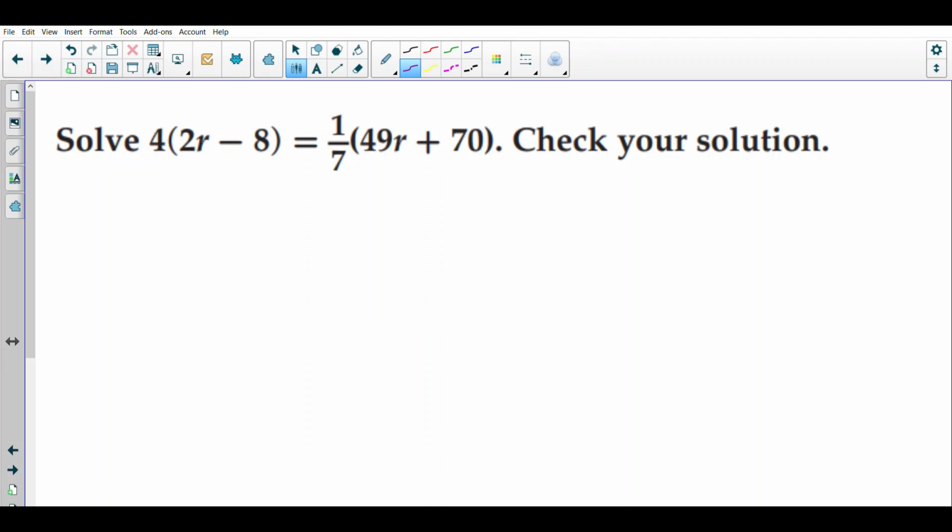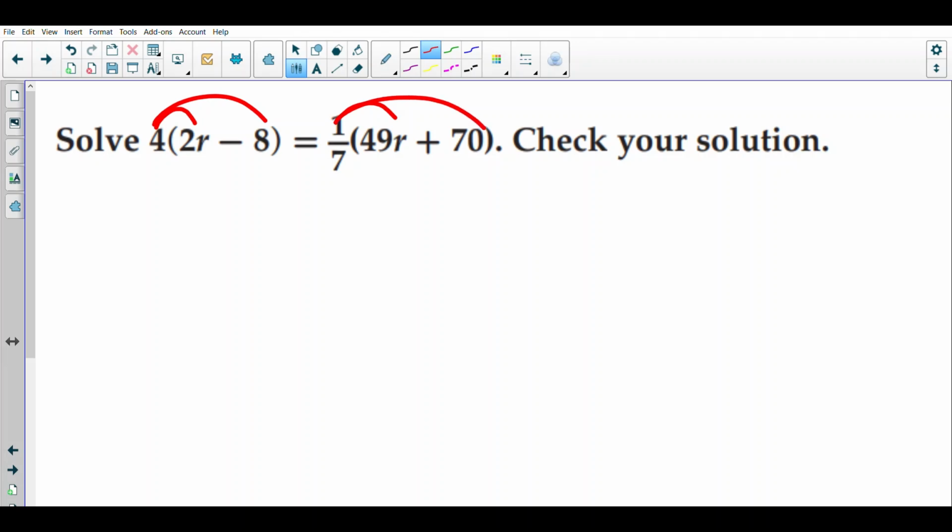So now we just have another step. Solve 4 times the quantity 2r minus 8 is equal to 1/7 times the quantity 49r plus 7. So first things first, I want to simplify. So I'm going to distribute on both sides.